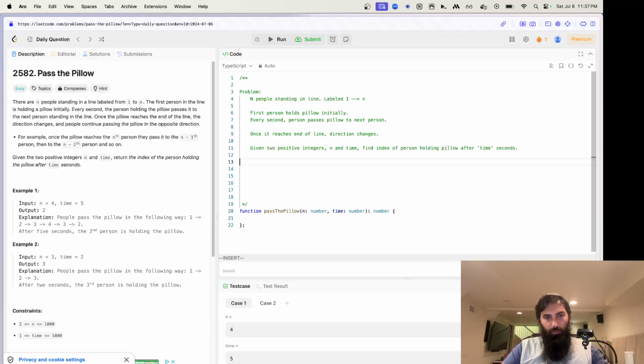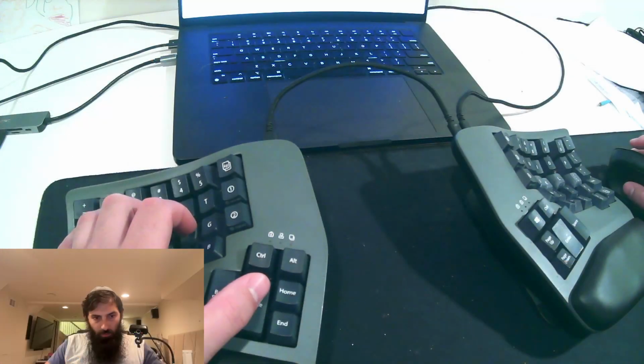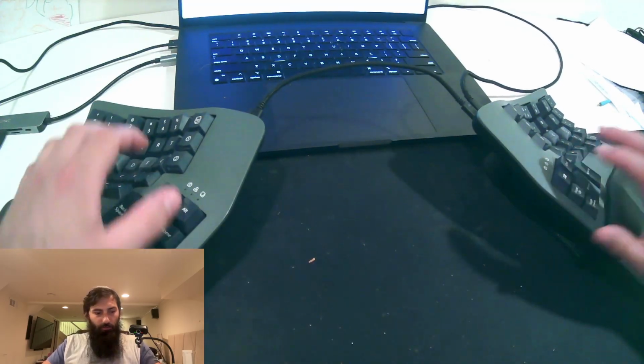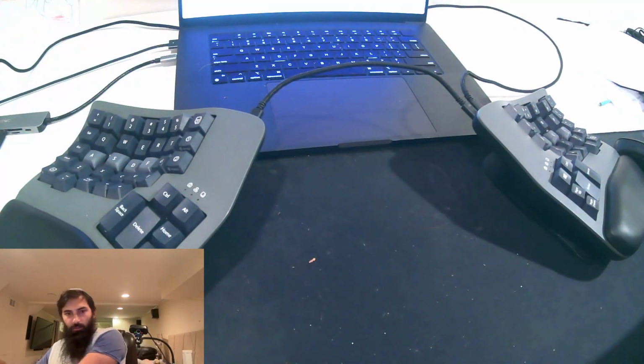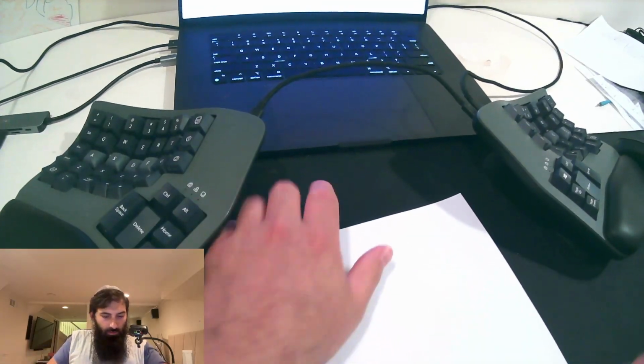So let's go through a few examples because I believe this can be done analytically, like through an equation of some sort. So let's switch to this scene here. And I think there's basically a few different cases or situations.